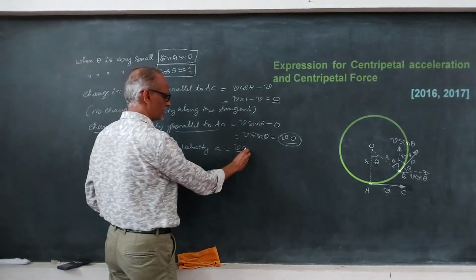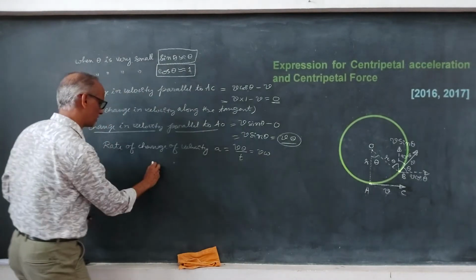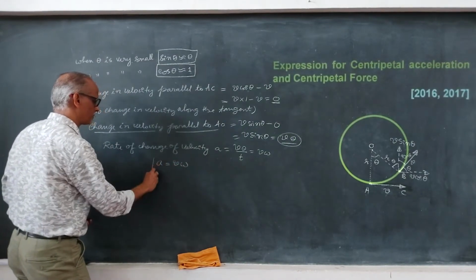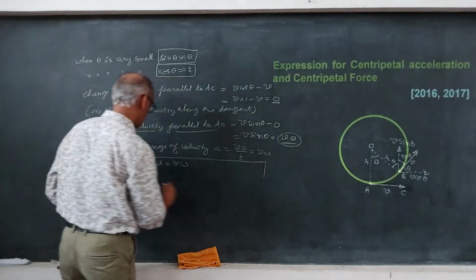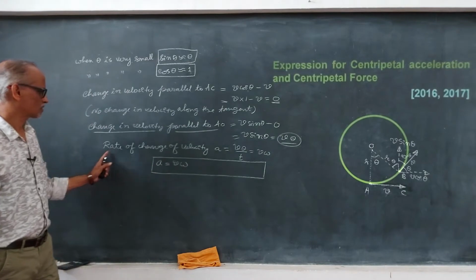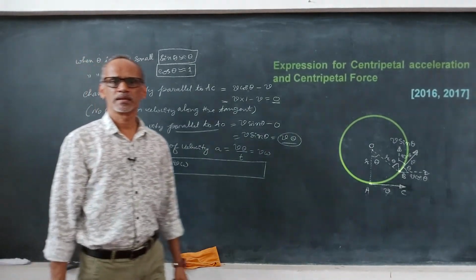Now, theta by t is nothing but omega. So therefore, here we are with an expression A is equal to V omega, the expression for centripetal acceleration. So rate of change of velocity is nothing but acceleration, and this acceleration itself is called centripetal acceleration.